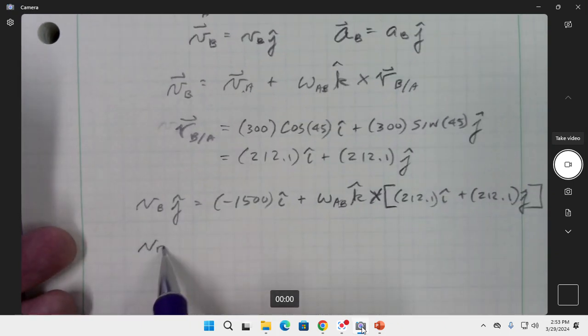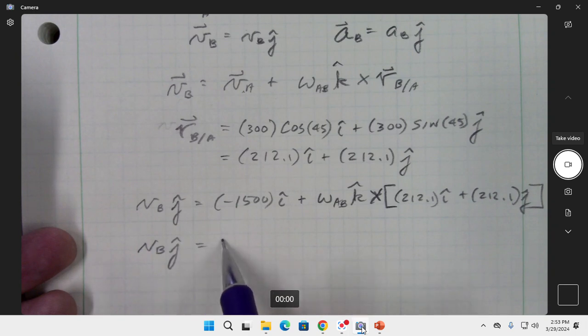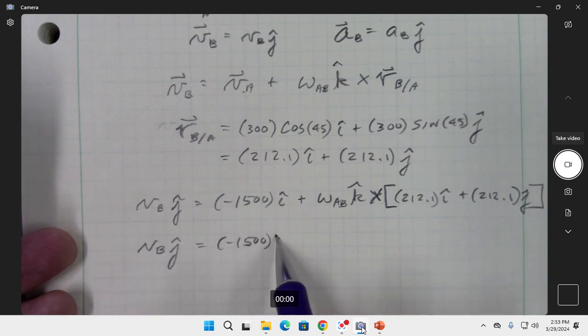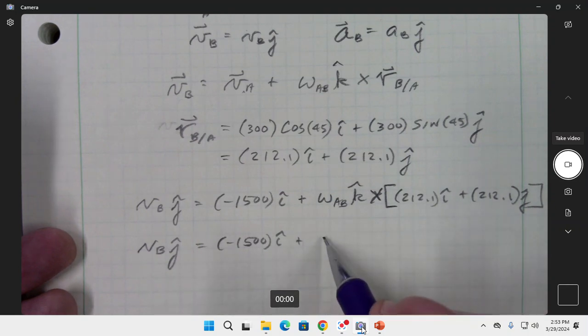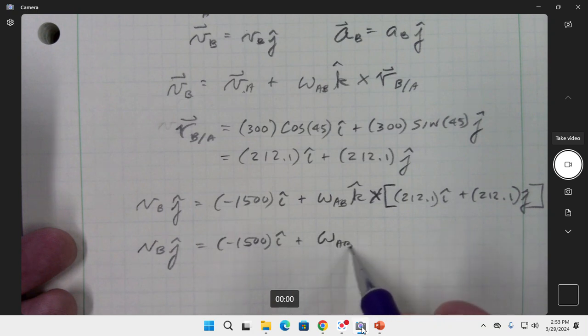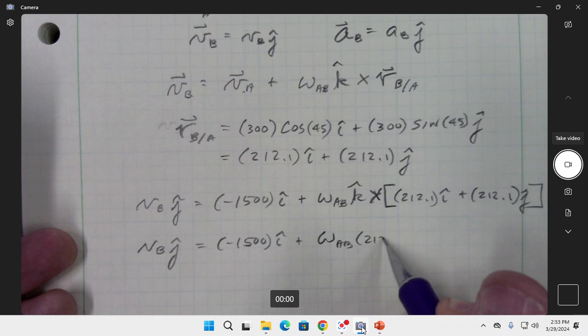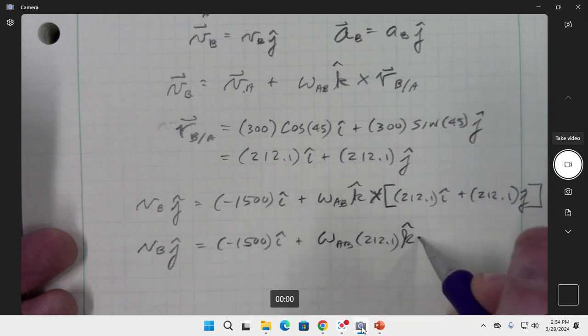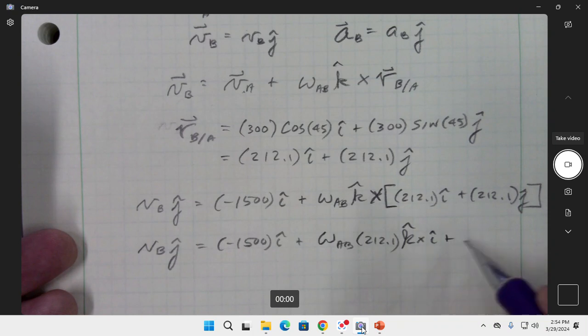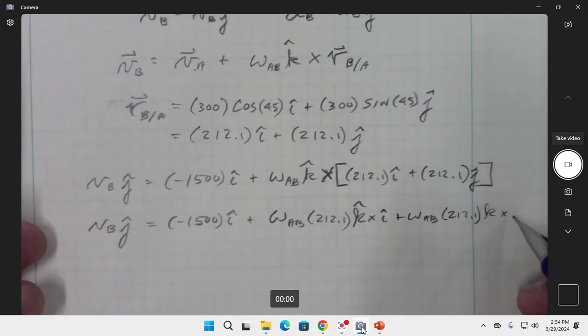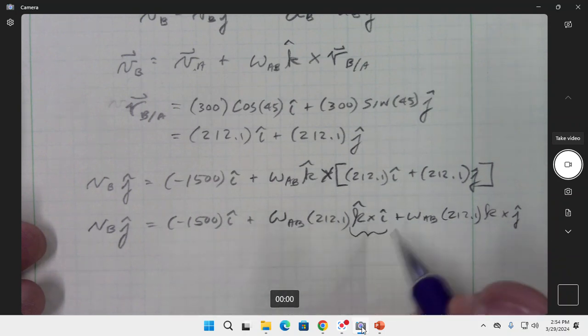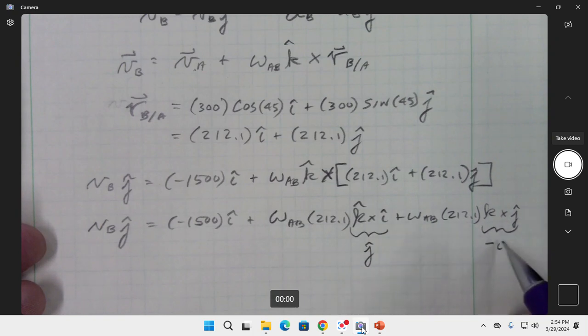Do the distribution: omega AB times 212.1 K crossed with I, plus omega AB 212.1 K crossed with J. This is going to be J, and this is going to be negative I.